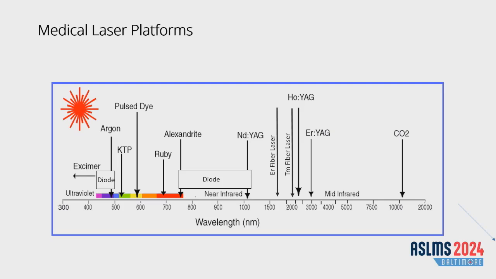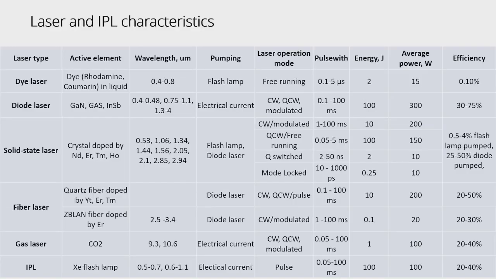Okay. I don't want to review this. I made this table just for somebody who is interested in details. If I reviewed this table, it would take probably the rest of the time. And you can see that most of the lasers we're using are just two: dye laser, which has very low efficiency, and diode laser, which is unique to dermatology, one application where people continue to use it.